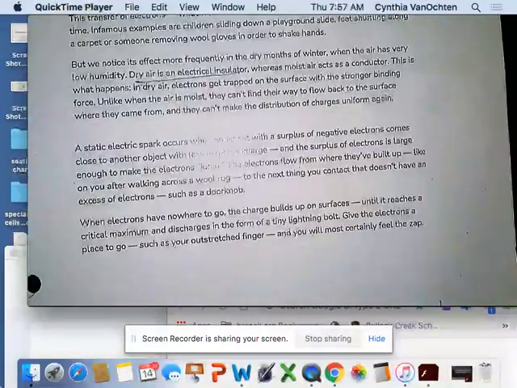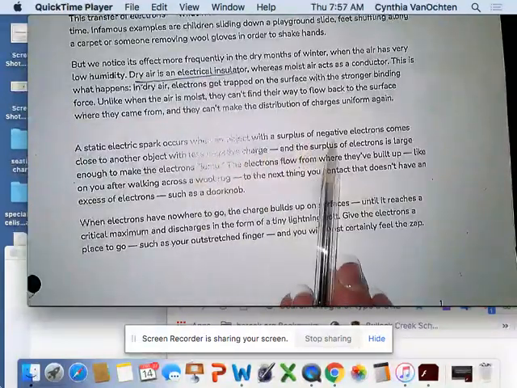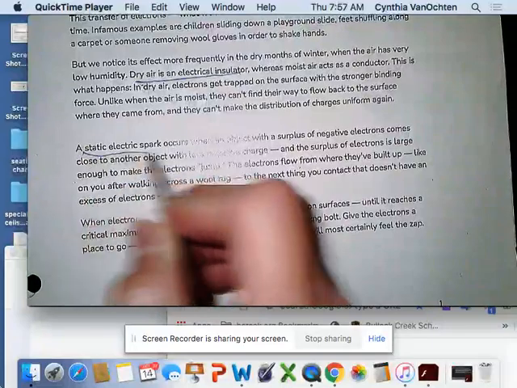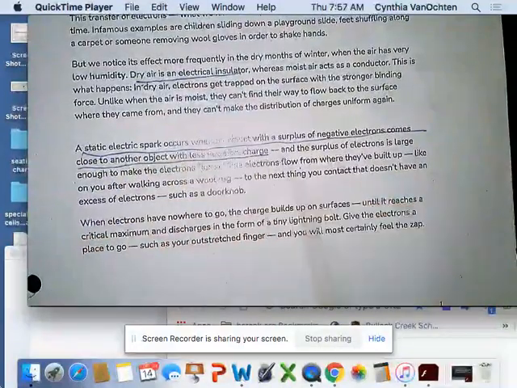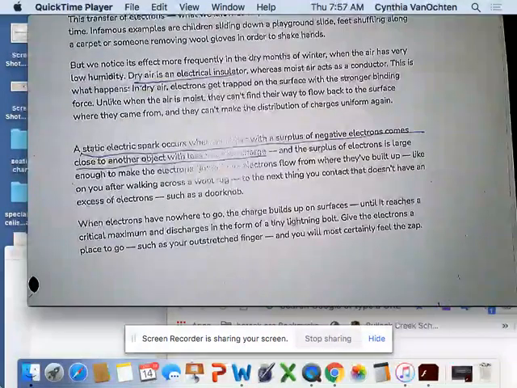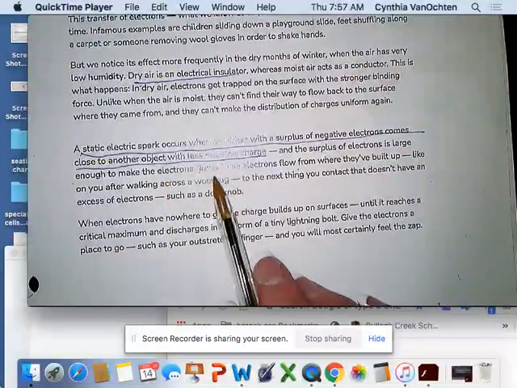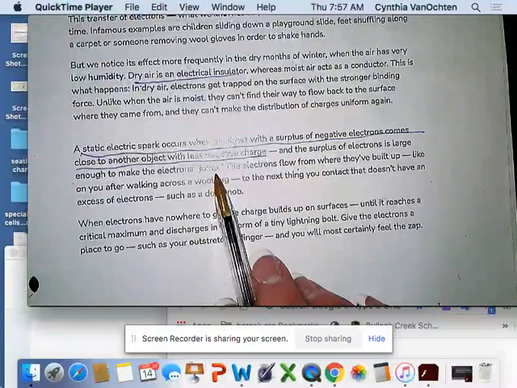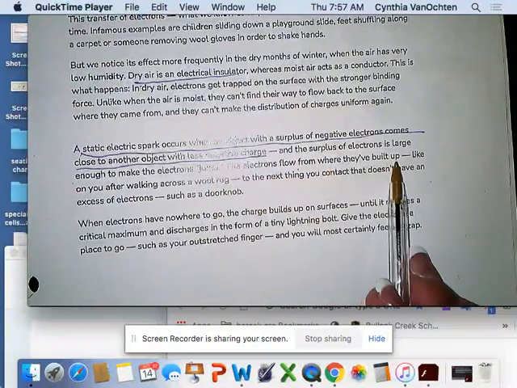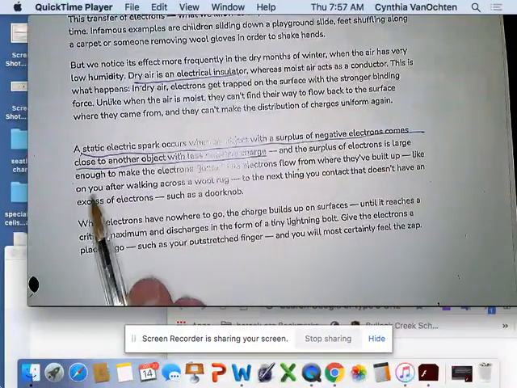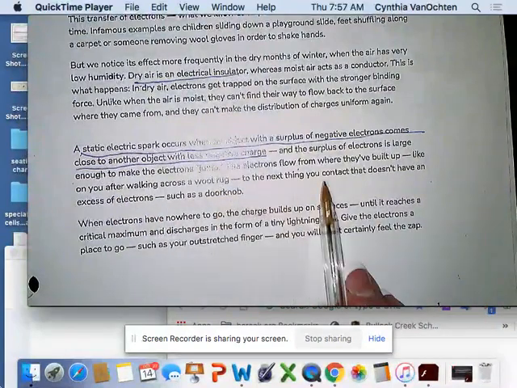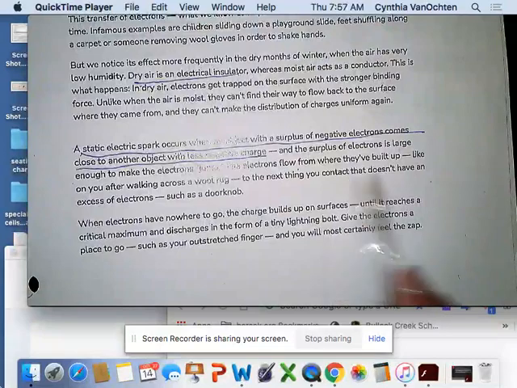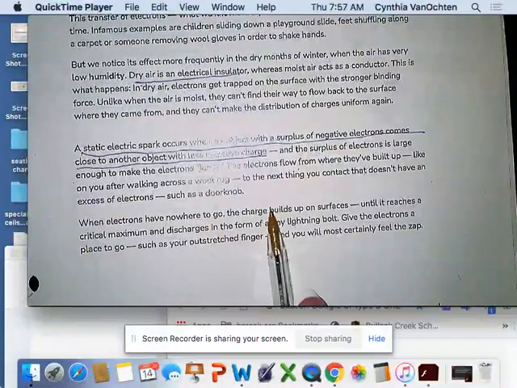A static electric spark occurs when an object with a surplus of negative electrons comes close to another object with a less negative charge, and the surplus of electrons is large enough to make the electrons jump. The electrons flow from where they've built up, like on you after walking across a wool rug, to the next thing you contact or touch that doesn't have an excess of electrons, like a doorknob, and you get that shock.